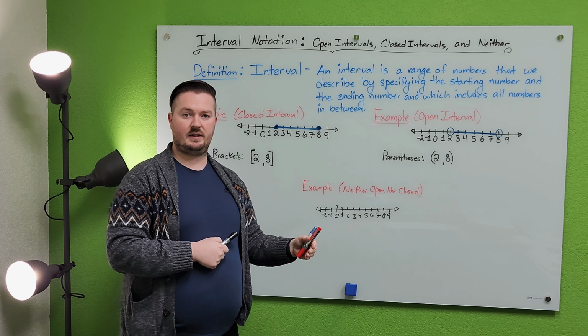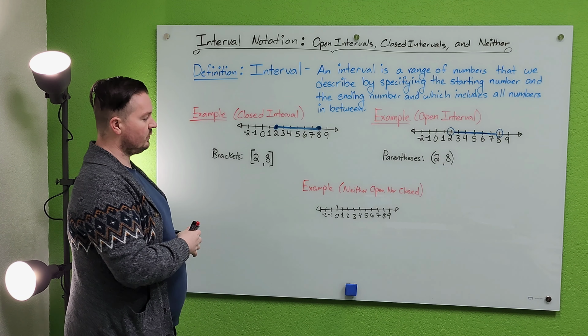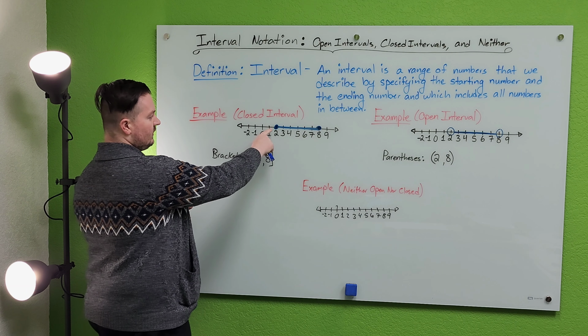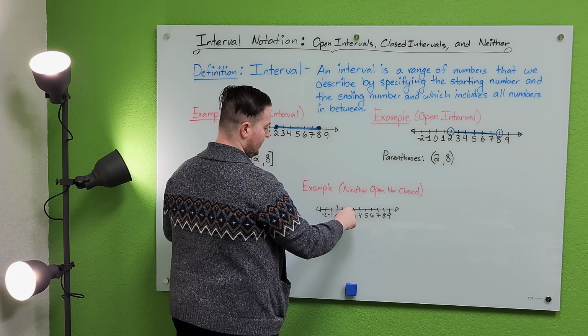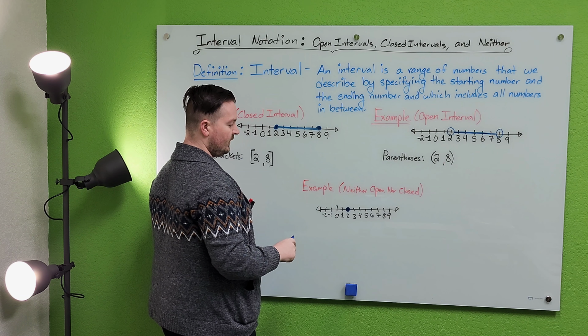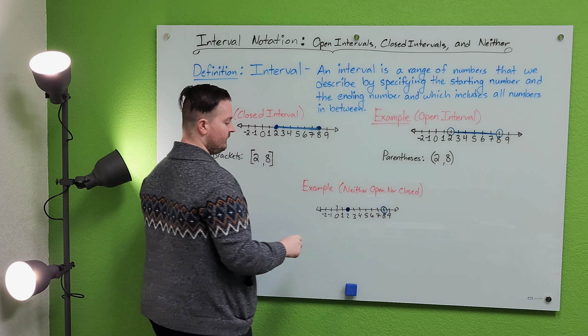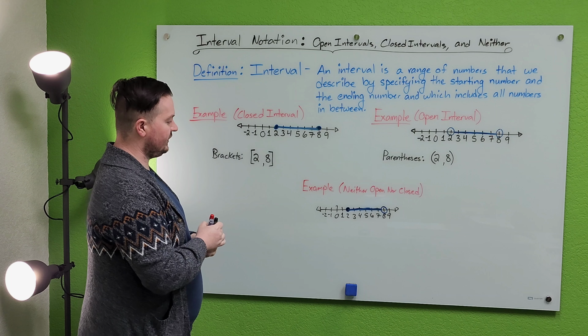We're going to stop at the number 8, but we're not going to include the number 8. So remember, how do we show on the number line if we are including a number in our group? We draw a solid dot on that number. So we are including the number 2, so we'll put a nice big solid dot on 2. But we are not including the number 8, so we're going to put an open circle. But we do want to include every number in between 2 and 8, so we will shade in connecting all these numbers in between.